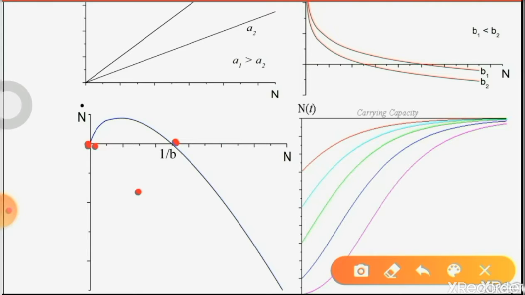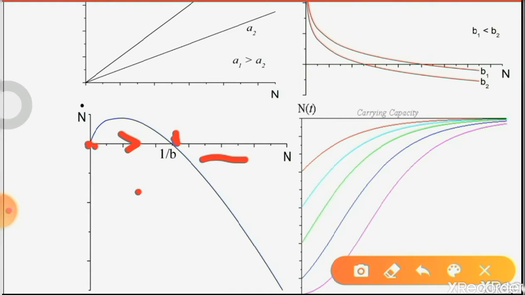Next, in between these two fixed points, n dot has a positive value. Therefore, the flow will be towards the right direction. And after this point, n is equal to 1 by b, n dot has a negative value.